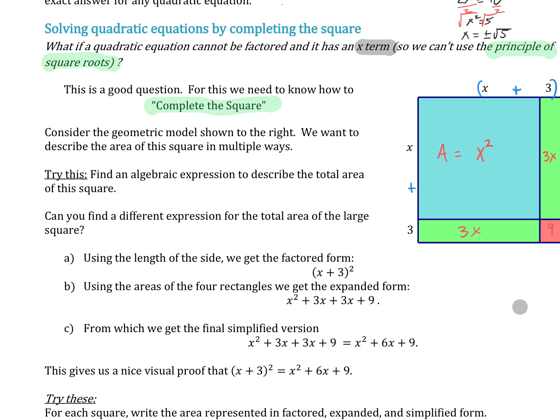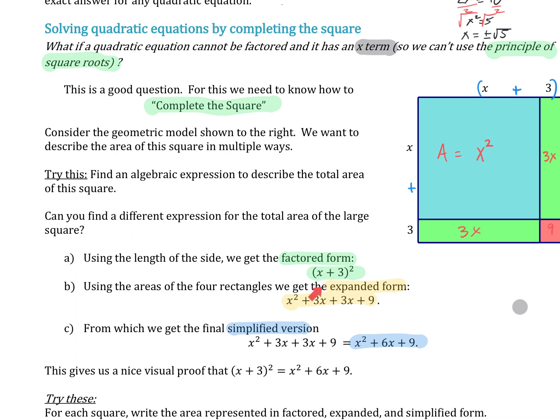Now, we're going to have some names for this. We're going to call the one up above factored form. We'll call this expanded form because it's written all out. And if we wanted to simplify this, we can combine like terms, the 3x plus 3x, and write it as x squared plus 6x plus 9.